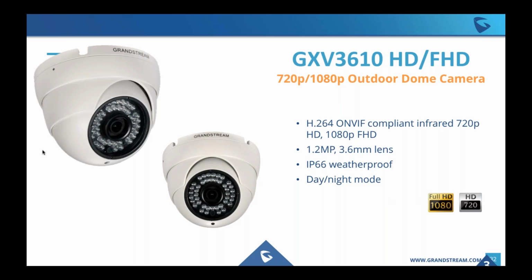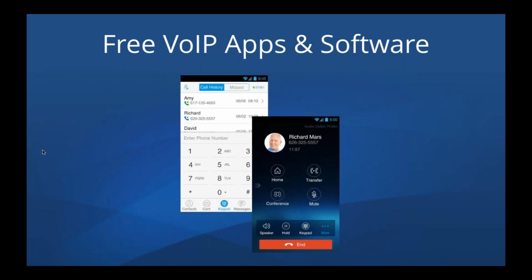You can also call these cameras at any time from a video phone to see their live feed. If you have it connected to a speaker, a microphone, or an intercom system, you can just call the camera's extension and talk through it as a mini intercom. And this device is available in both full HD 1080p and 720p resolution.